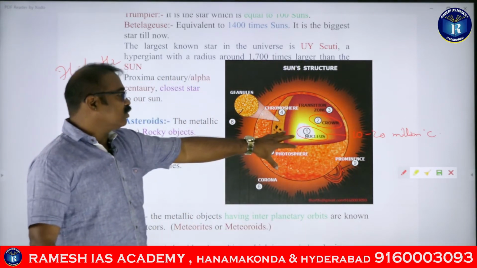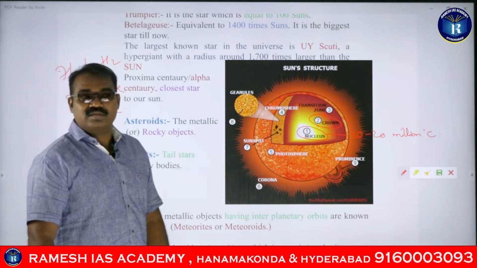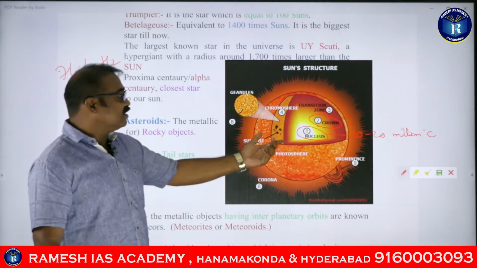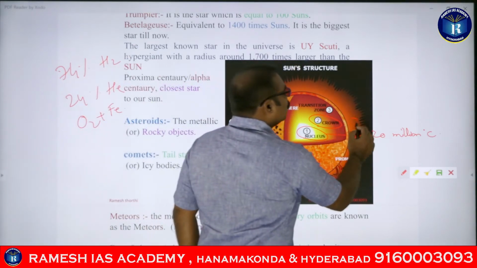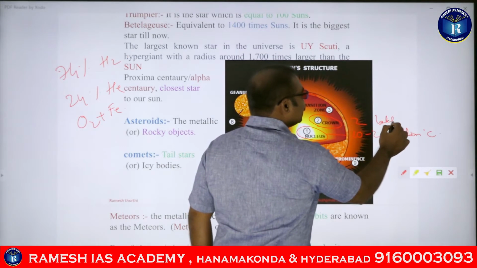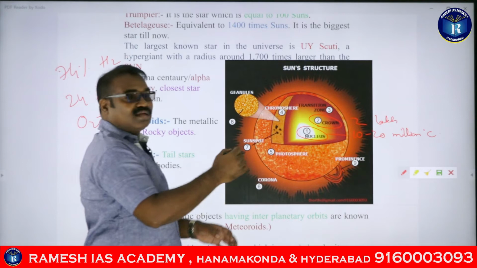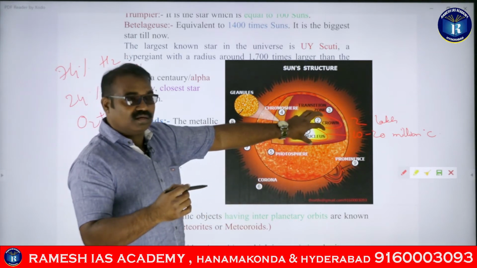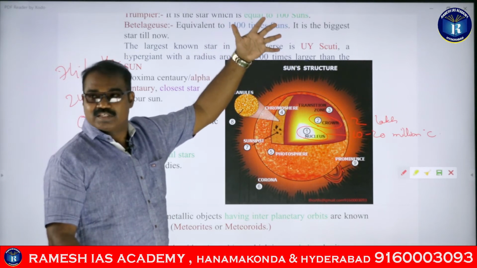The nucleus or core is surrounded by the crown, guys, and here the temperatures are around 2 lakh degrees centigrade, because the circles are very near, but they are extending to the maximum extent, guys.